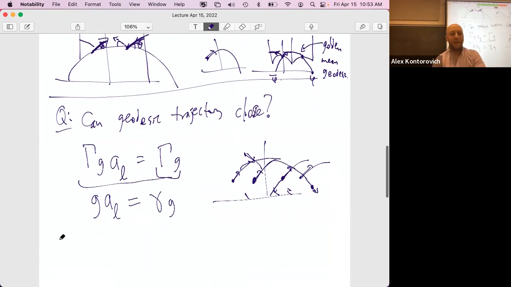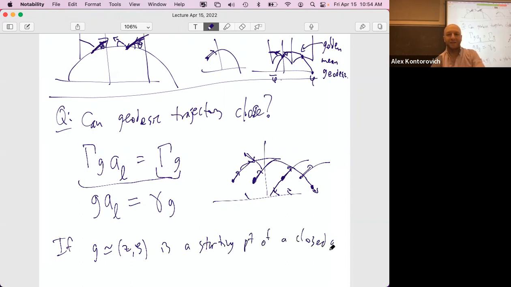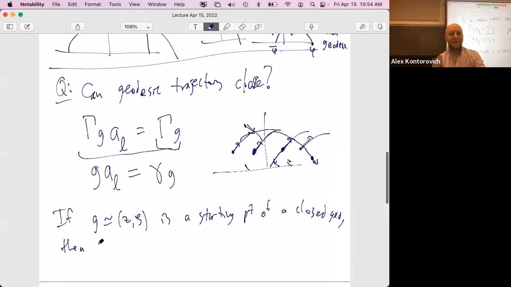So if this initial vector g, which corresponds to a point and a unit tangent vector, is a starting point of a closed geodesic, then there exists a positive real number L, and there exists a gamma in Gamma, so that this equation holds.